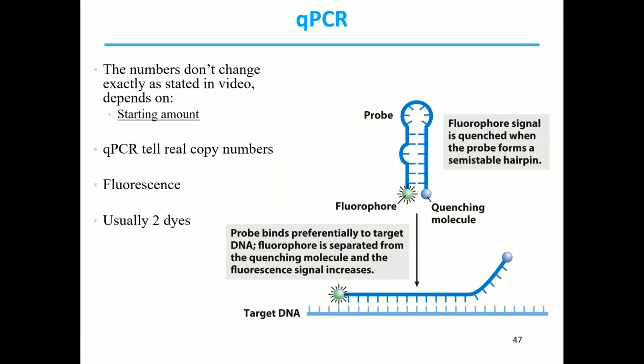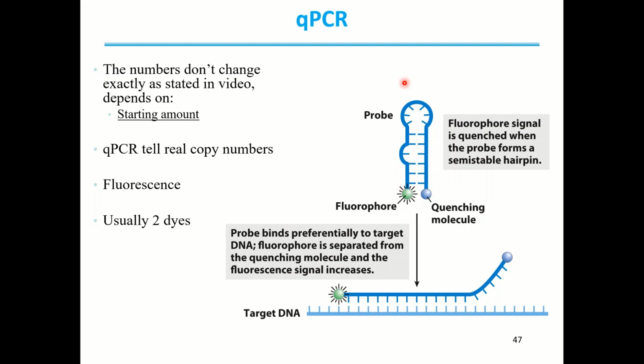Okay. qPCR is using fluorescence, and you have a particular probe that matches up with a DNA sequence of a target that you're interested in.